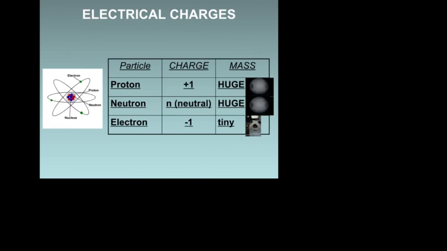So if you look at your chart, you have your protons with a positive charge, you have your neutrons with a neutral charge, and you have your electrons with a negative charge. Your protons and neutrons are roughly the same size.